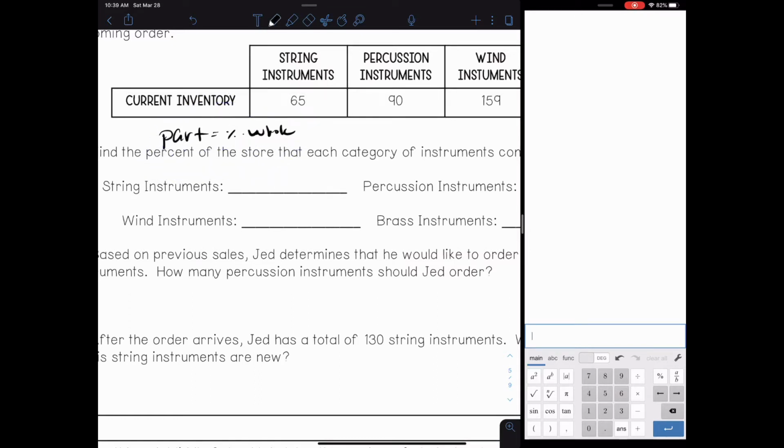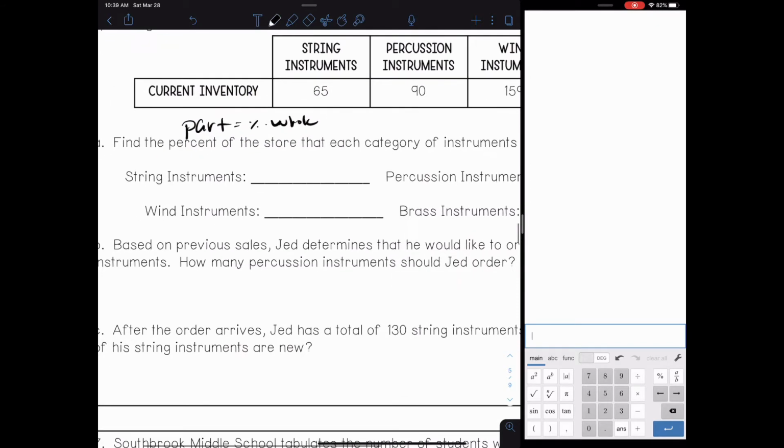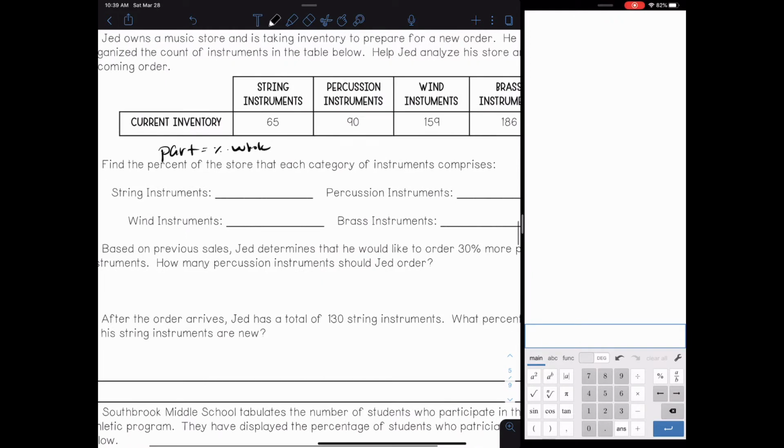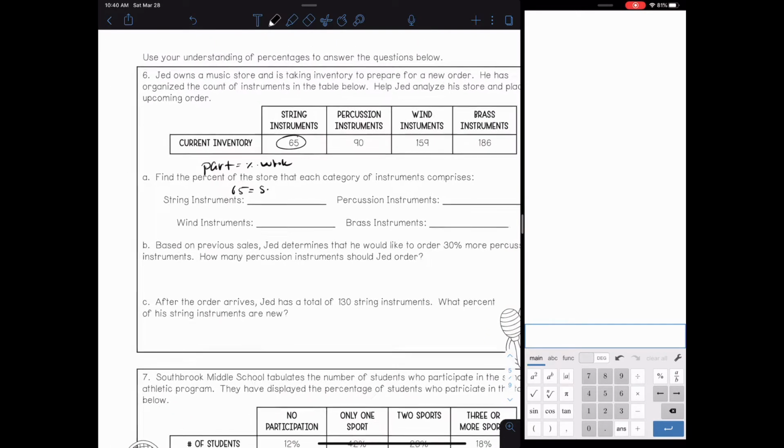Well, this first one, string instruments, that's going to be 65 equals the percentage, which is what I'm trying to figure out, some unknown value x. I'm going to use s for string, times whole. Well, what is the whole? How much is this out of?